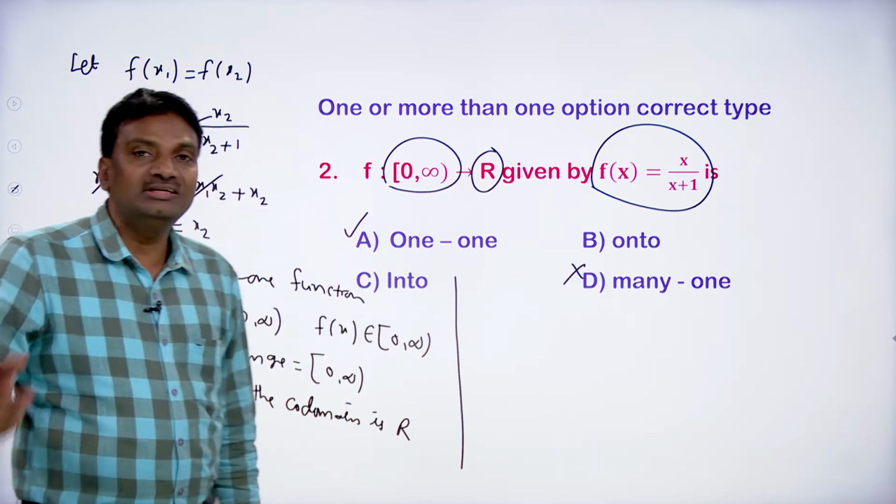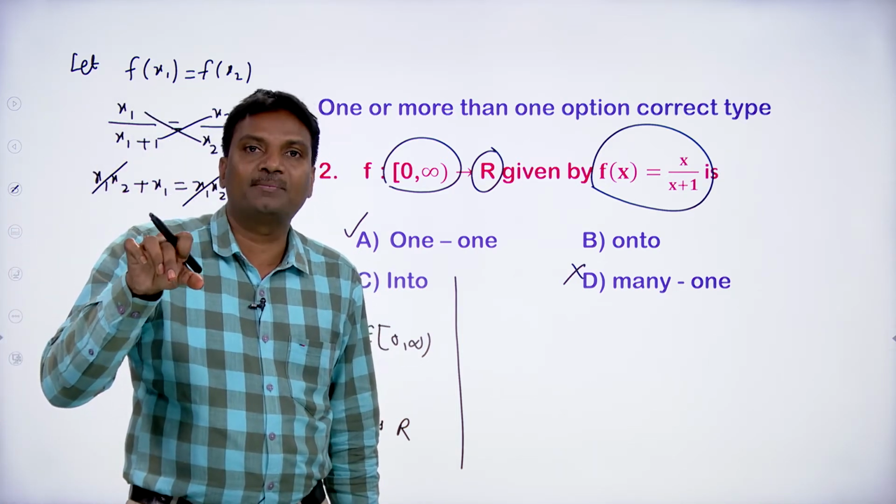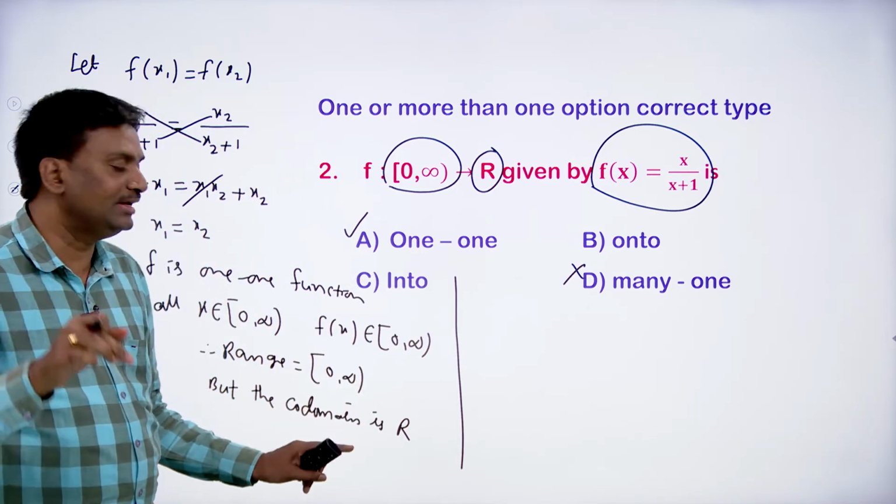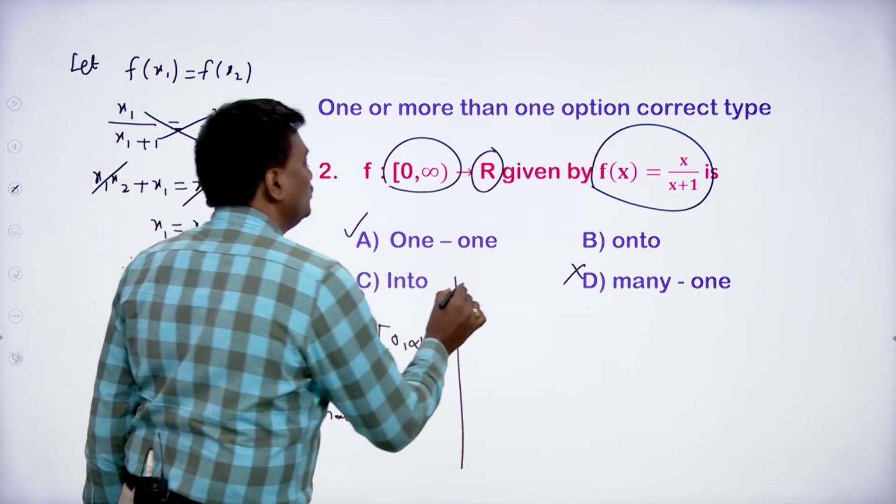Codomain is R means in the set R we have negative real numbers and positive real numbers. So clearly we can say range is not equal to codomain.